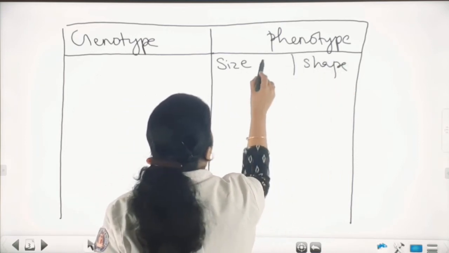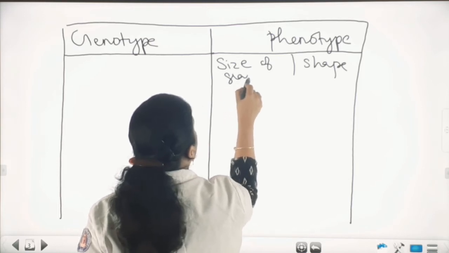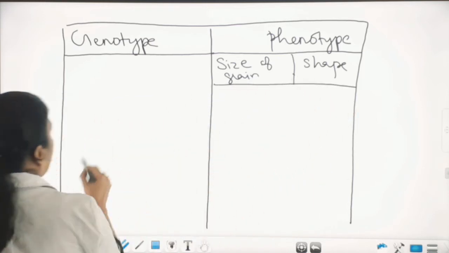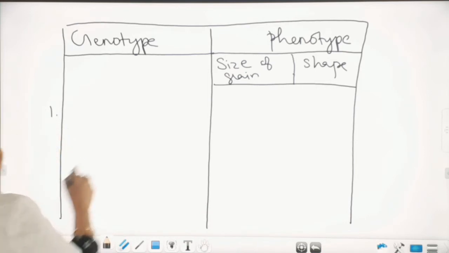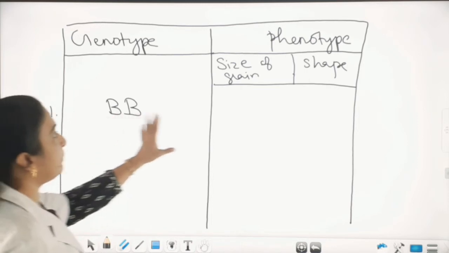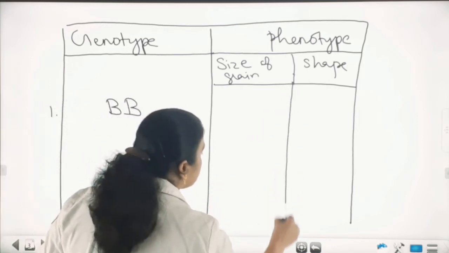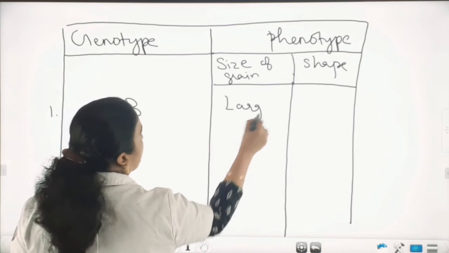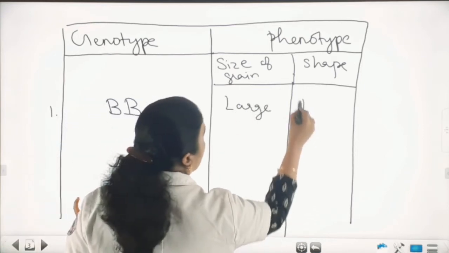Size of grain or size of seed, and shape. First, capital B is the genotype. What may be the size then? Size is large. Am I right? What is the shape? Round.